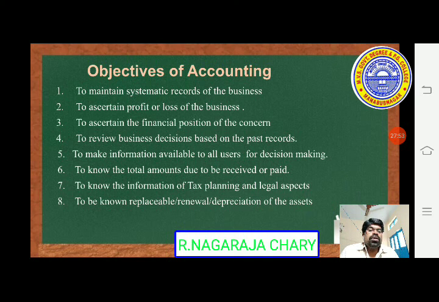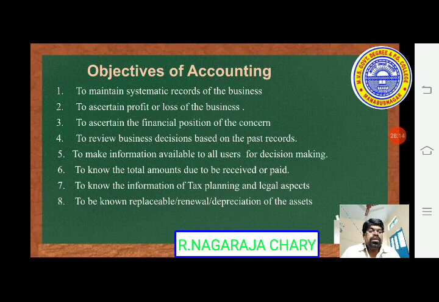Next, to ascertain the financial position of the concern. What are the liabilities, what are the assets, we have to know. For that purpose also we have to know accounting.